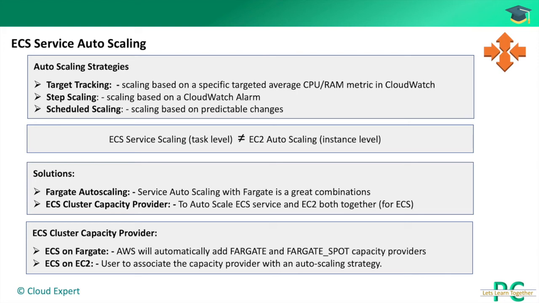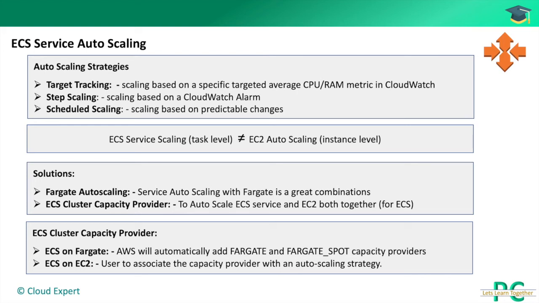So in short, a cluster capacity provider will allow you to take care of the underlying EC2 hosts. That means if your current ECS cluster is running out of space, the cluster capacity provider will launch a new EC2 instance and place the task in the new instance.